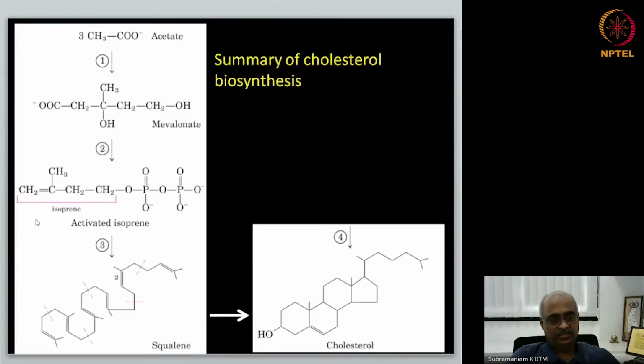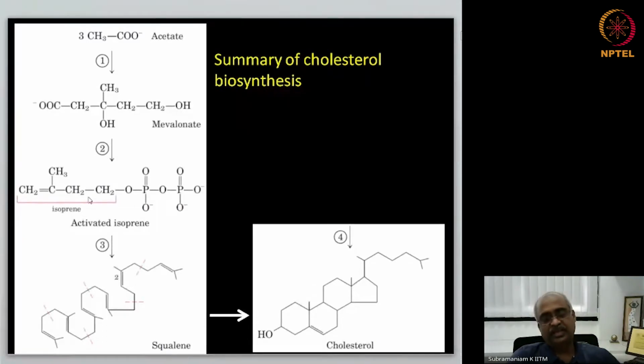So 6 of them, 6 times 5, 30, form a linear 30-carbon chain. And that converts, as shown here in this cartoon, it's a linear molecule, but it is drawn to indicate how it cyclizes to form cholesterol. So squalene into cholesterol is the fourth one.